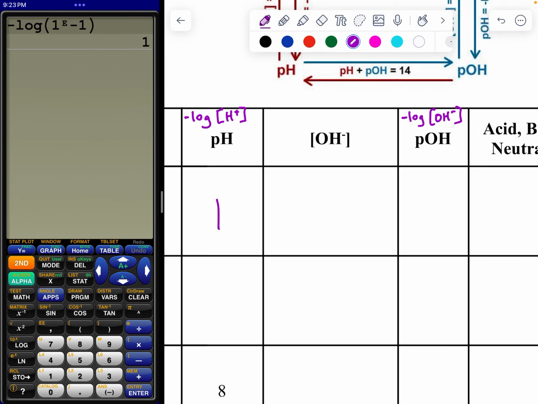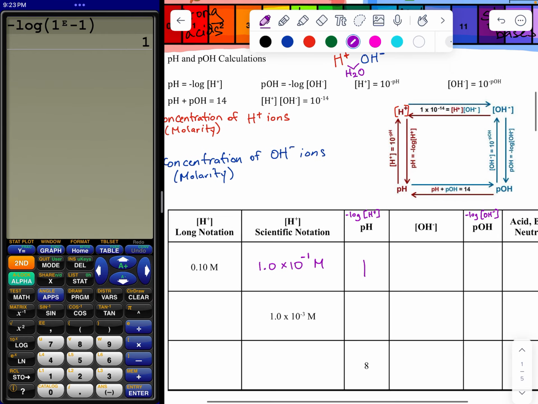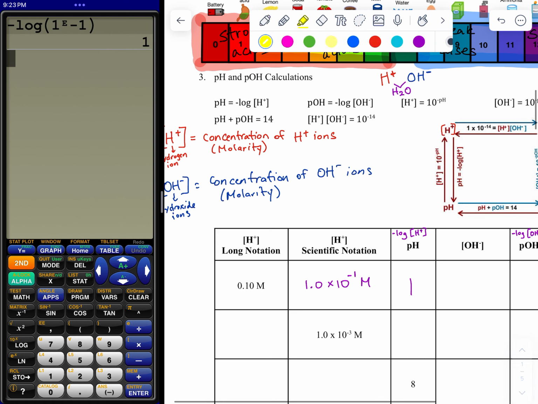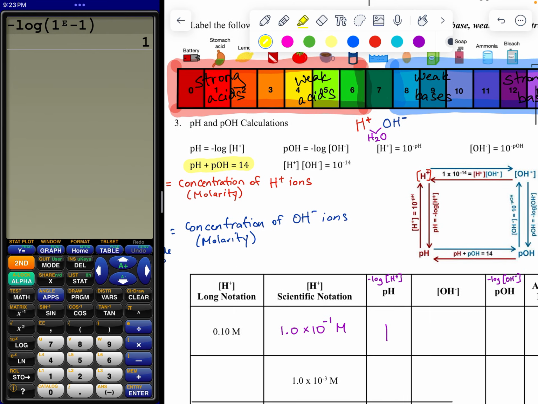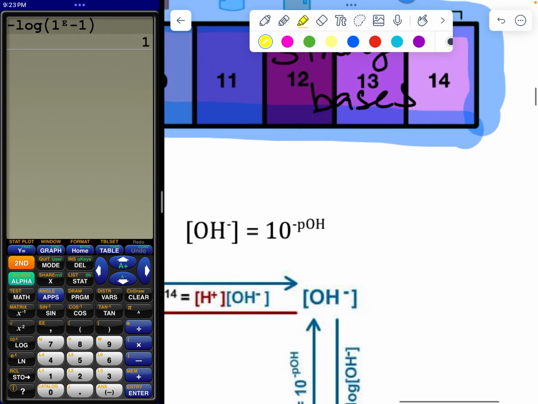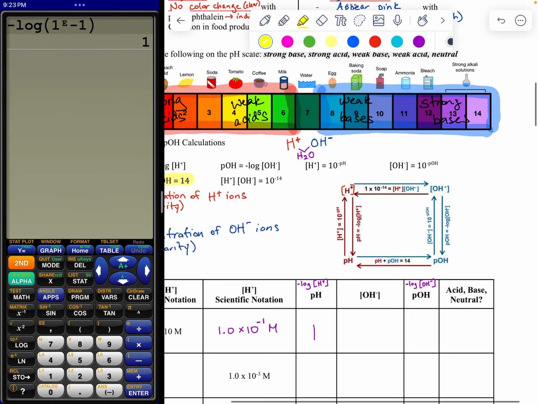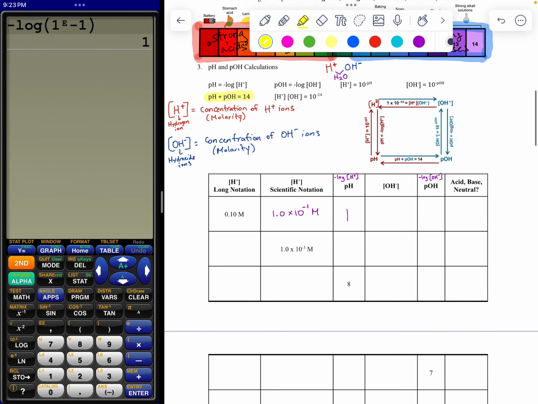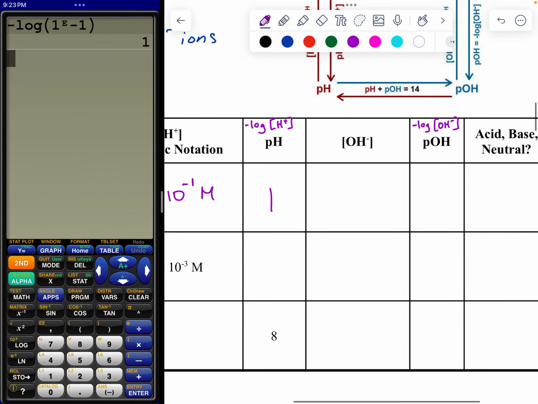But the beauty of the pH scale is that if we look up here at some of our nifty formulas, the pH and the pOH both have to add up to 14, because that's the extent to which our pH scale reaches. So if I know one, I always know the other, which is a nice way to connect those. So all this is 14 minus 1, which ends up being 13.